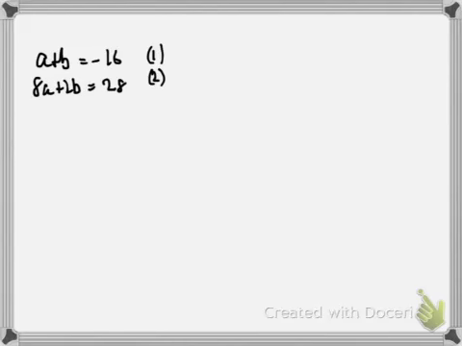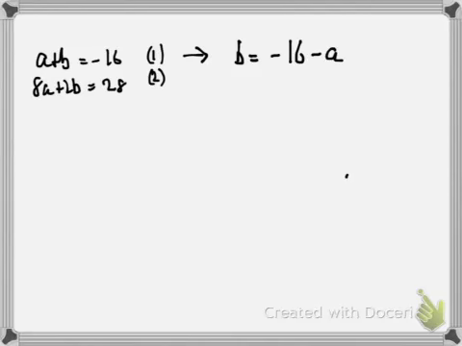Okay guys, I used a tactic last time called substitution, and we could probably use it again. If I change this first equation around, you get b equals negative 16 minus a.